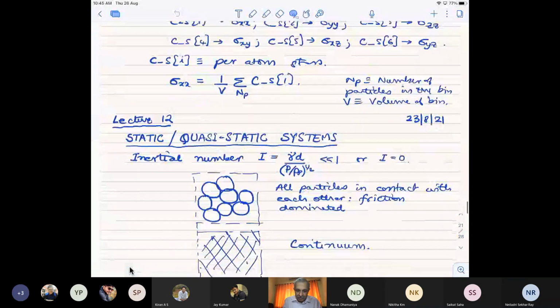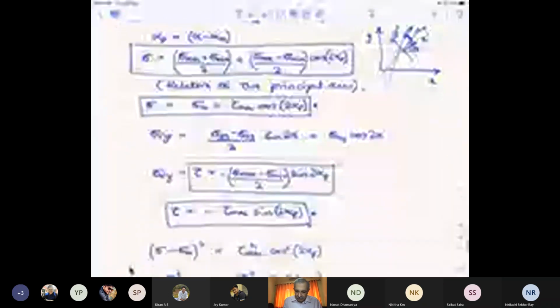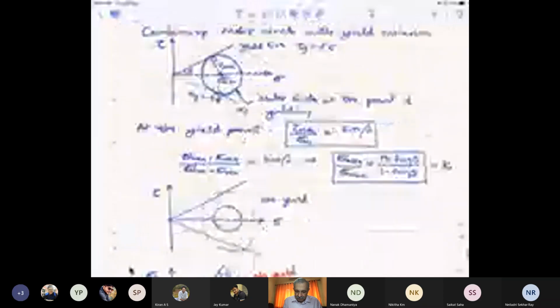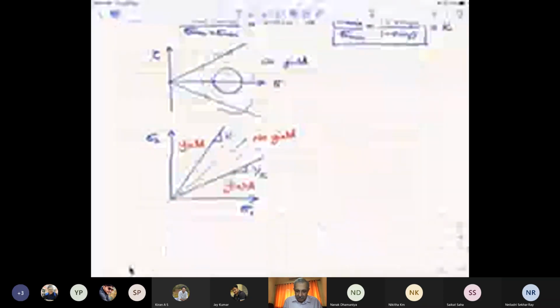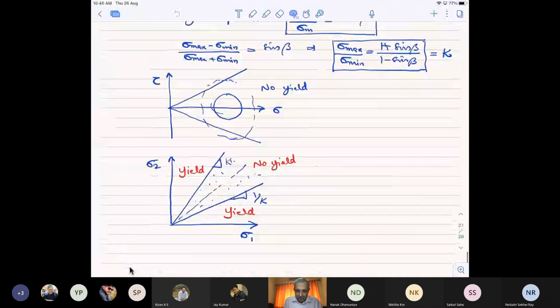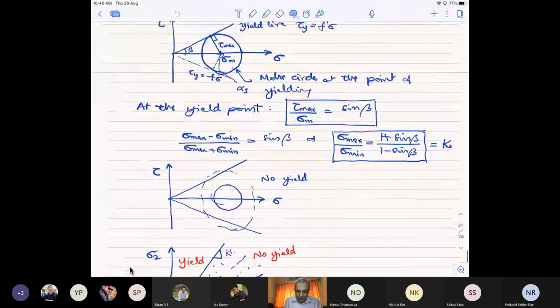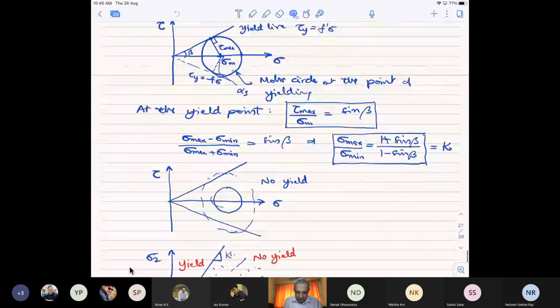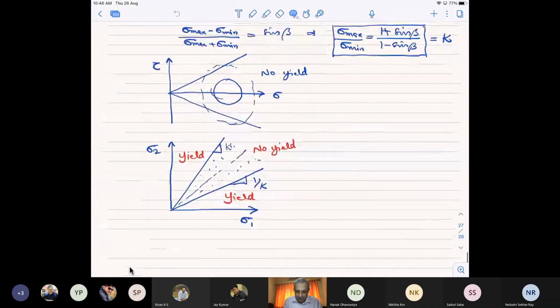So this is what we have been doing. So we did up to here. So we could either write it as, we could show this in terms of tau and sigma, or we can write the yield criterion also in terms of the principal normal stresses.